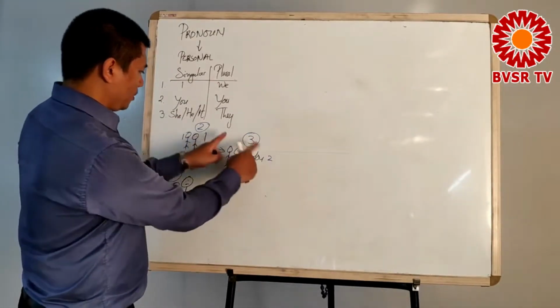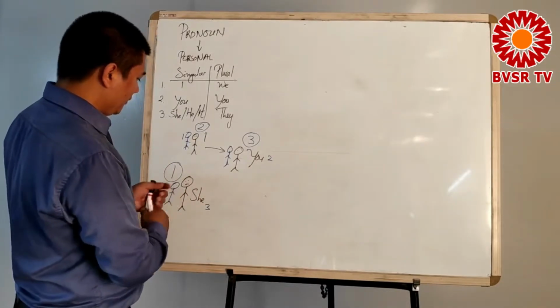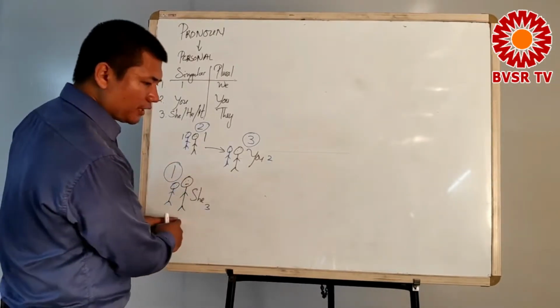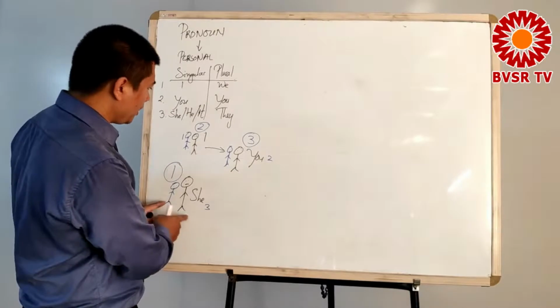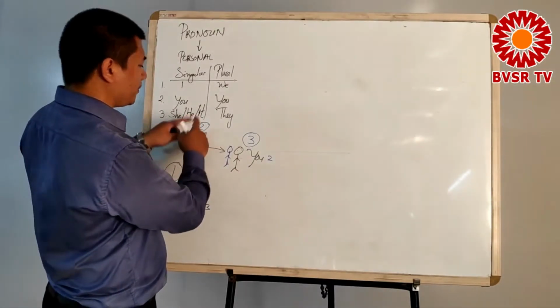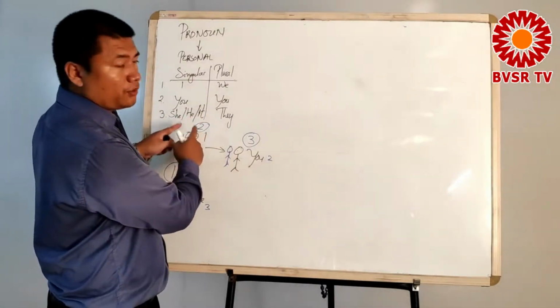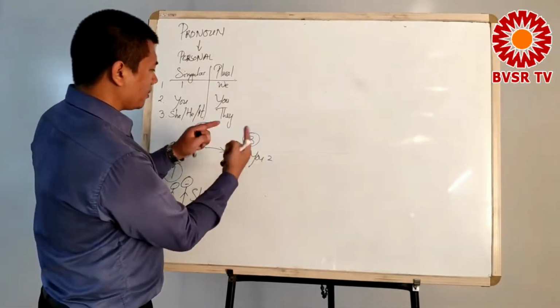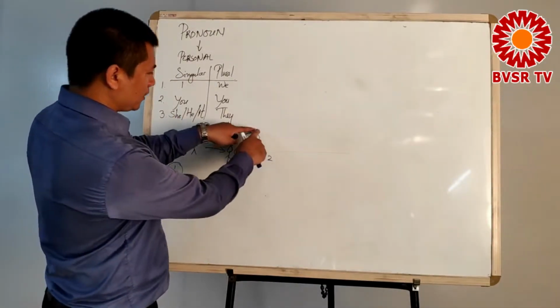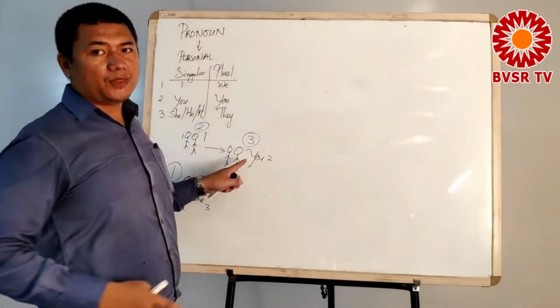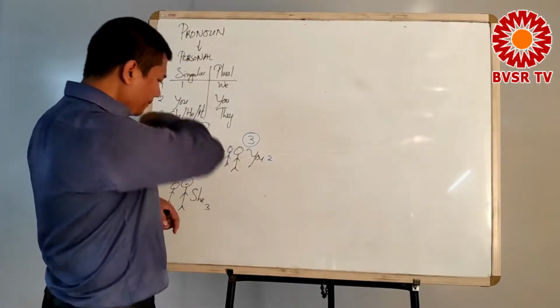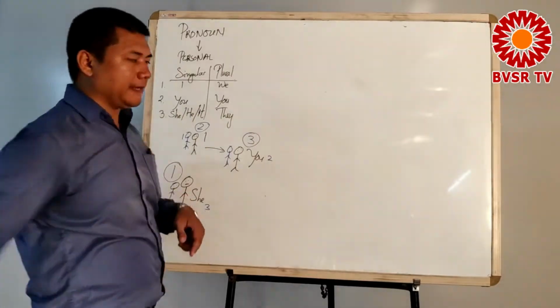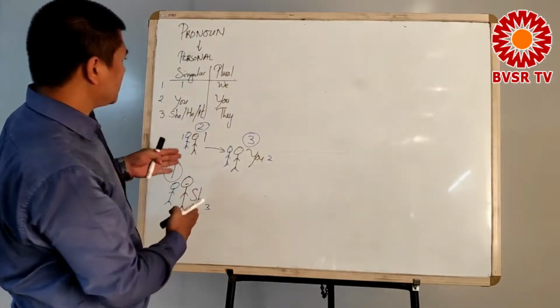So we, you, they. If this person is talking, then this person becomes we, and if this person is listening, then this person becomes you, and if she is talking about these people to this person, then this is the topic, therefore these two people can be called they.